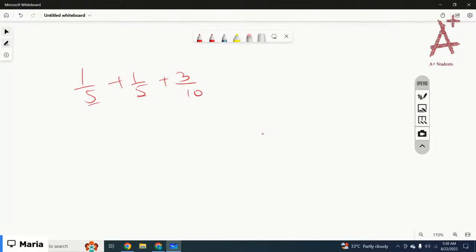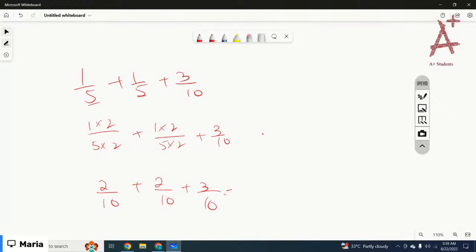So you have to make the smaller denominators equal to the greater one, right? 5 times 2 is 10. Multiply them by 2. It would be 2 times 1 is 2 over 10, 2 times 1 is 2 over 10, and plus 3 over 10. When you add, they now have like denominators.